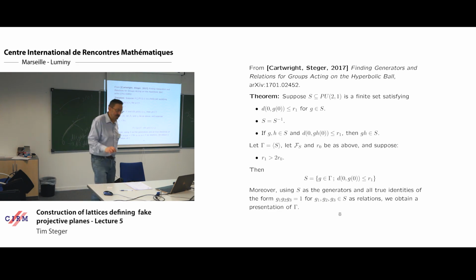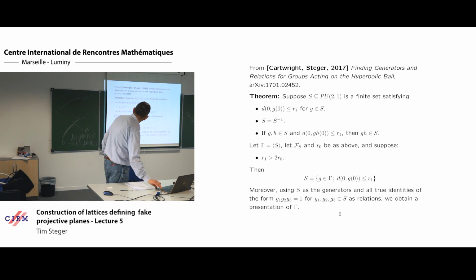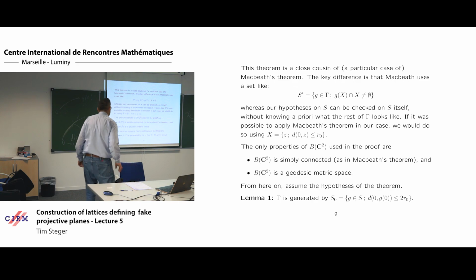Now that last bit sounds like the same conclusion as in the theorem of Macbeth, and in fact, that theorem there is very closely related to the theorem of Macbeth. It's the same idea, which, as was mentioned, is a very old idea.